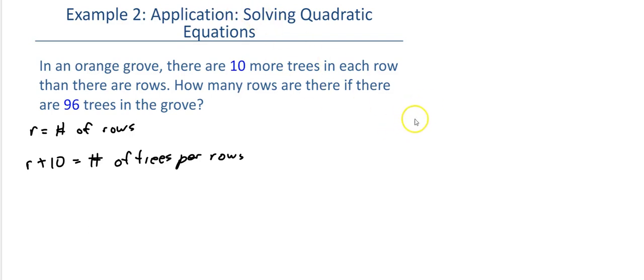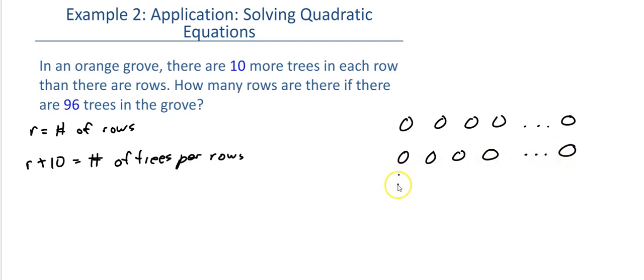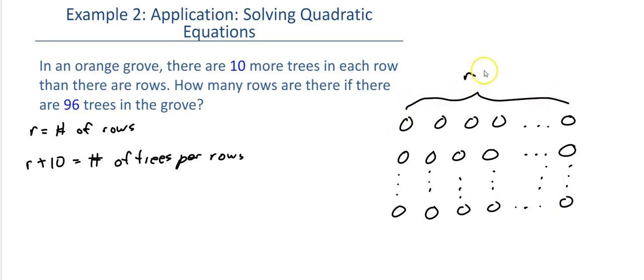We're kind of looking at something like this. If I had a whole bunch of trees, 1, 2, 3, 4. Let's just keep going down. Got another one here. Then I got a row here. Keep going. Then let's just go down and keep planting our trees. This right here would be my R plus 10.